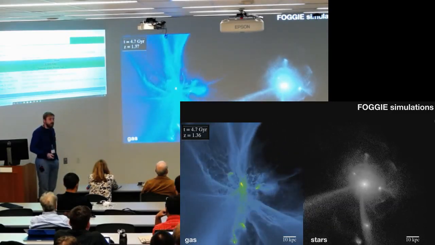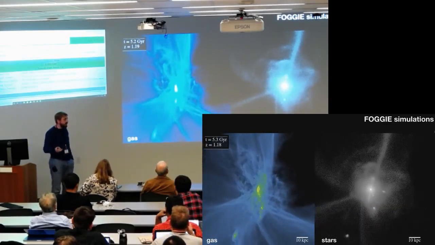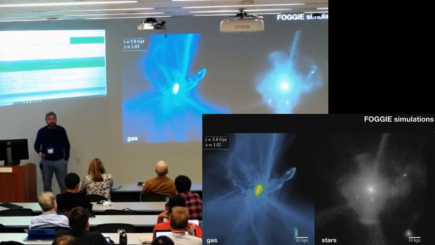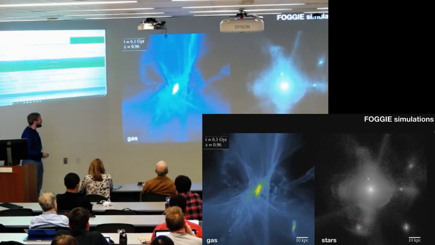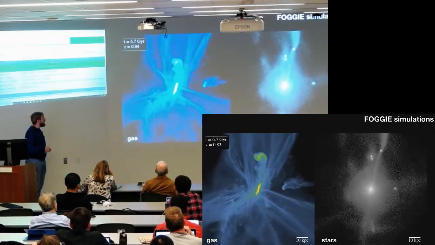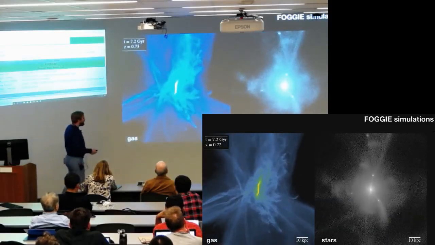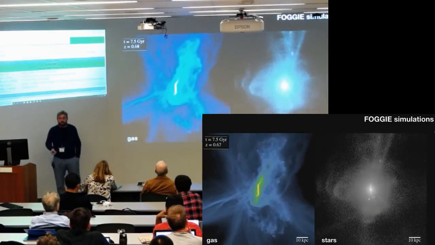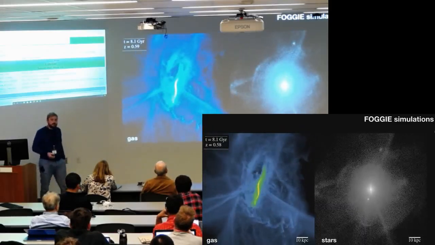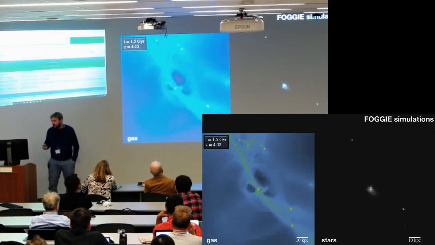We can't ignore the importance of satellite accretion when we're thinking about the mass growth and structural evolution of these galaxies at early times. The second thing is the complicated density and velocity structure of the CGM immediately in the vicinity of the central galaxy. That's going to become important for the punchline of this talk.